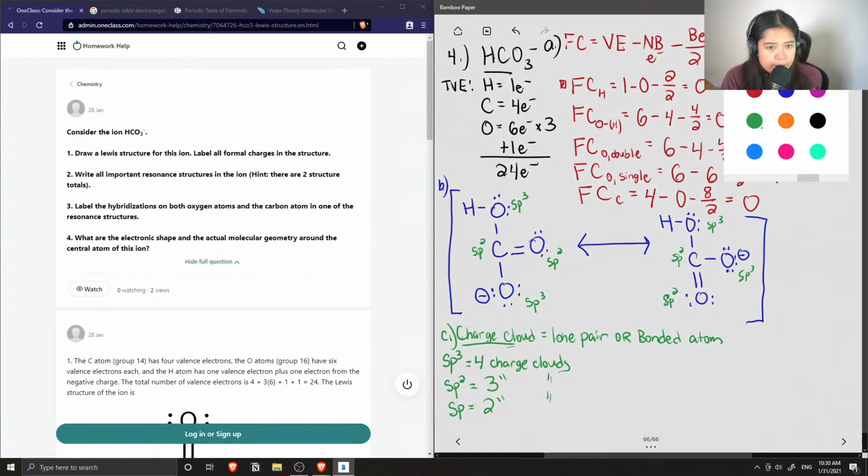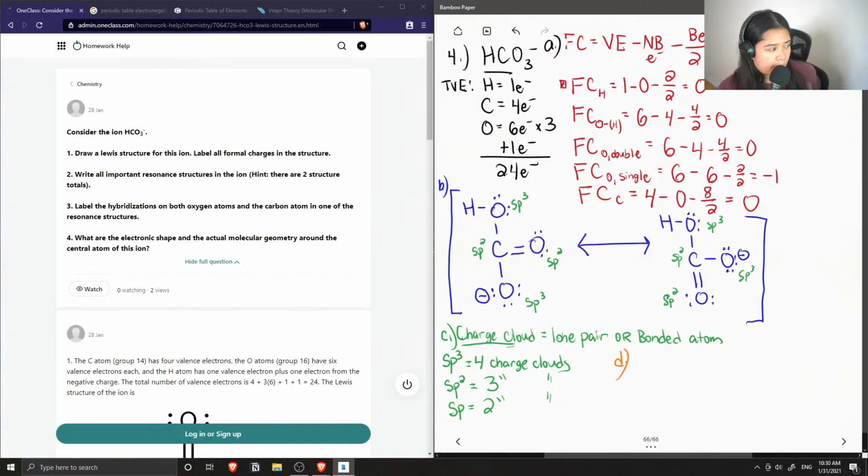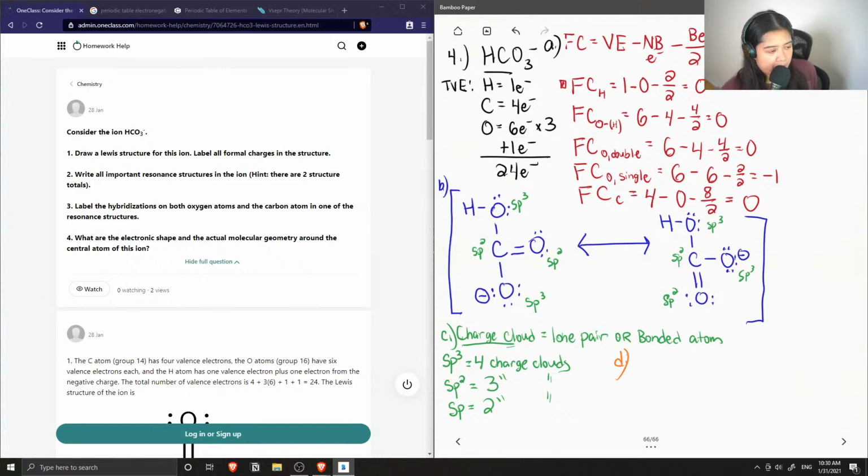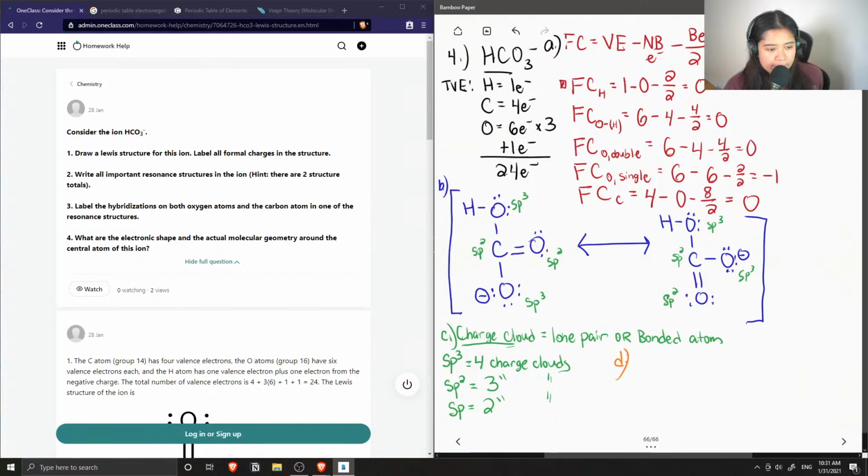And now for part D, what are the electronic shape and the actual molecular geometry around the central atom of this ion? So if we pay attention to our central atom, which is the carbon, we can see that there are 0 lone pairs and just 3 bonded atoms.